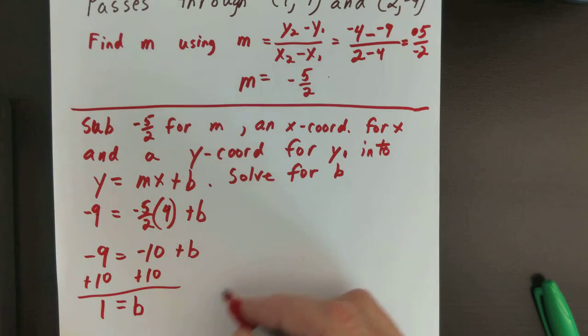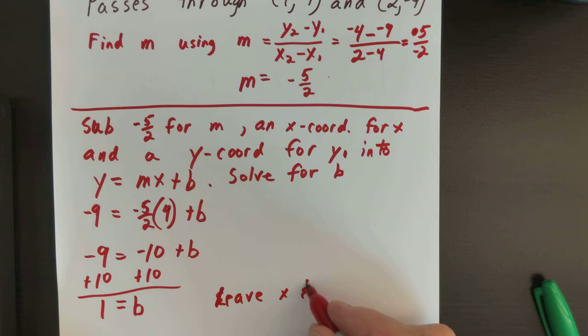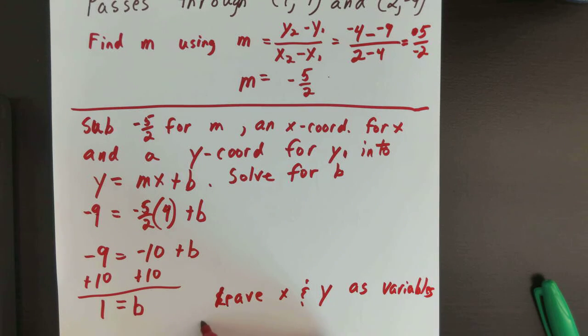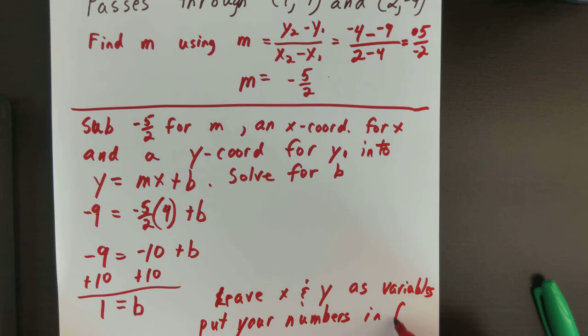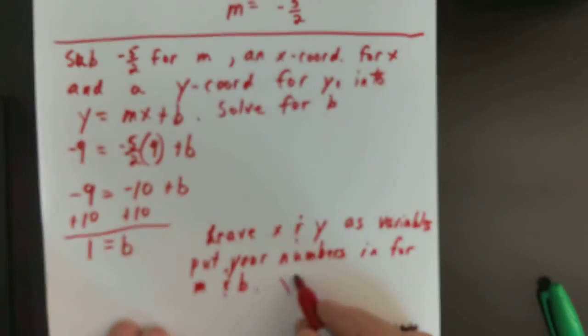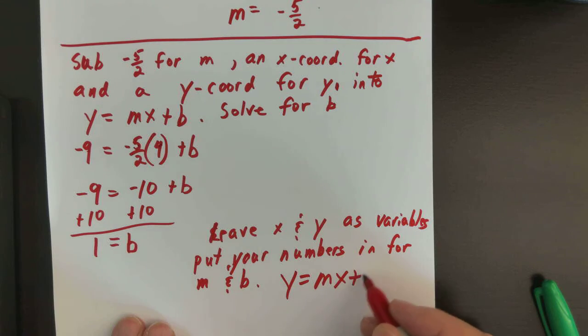Okay? And then we once again leave x and y as variables and put your numbers that you found in for m and b. This is all into y equals mx plus b.